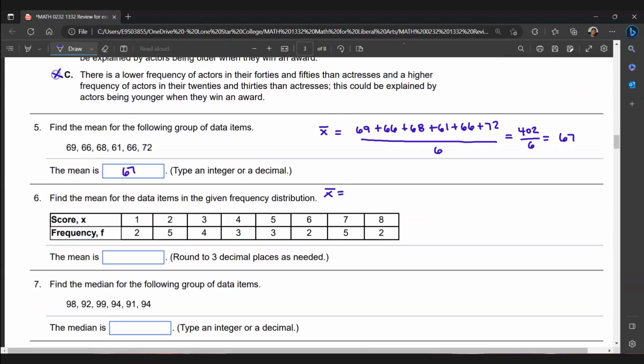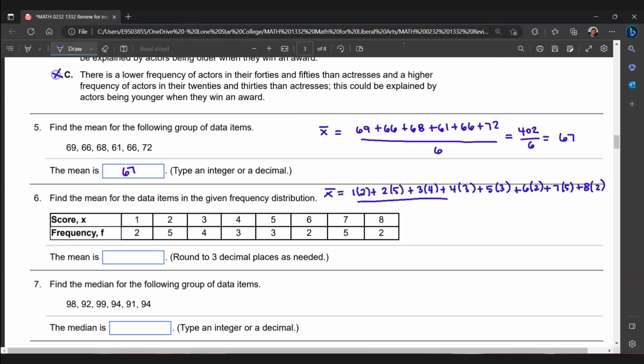The mean will be equal to 1 times its frequency plus the number 2 times its frequency, because there are 5 twos, plus 3 times its frequency, plus 4 times its frequency, plus 5 times its frequency, plus the number 6 times its frequency, plus the number 7 times its frequency, plus the number 8 times its frequency.